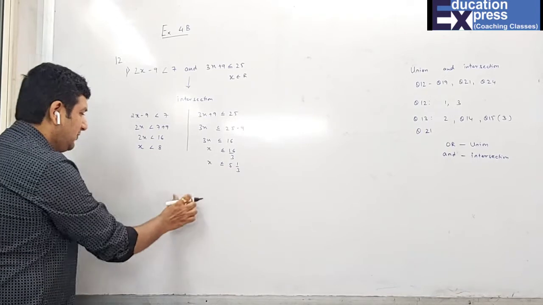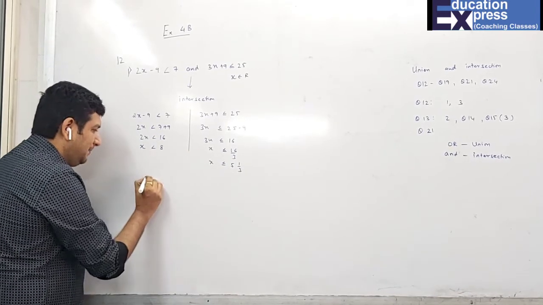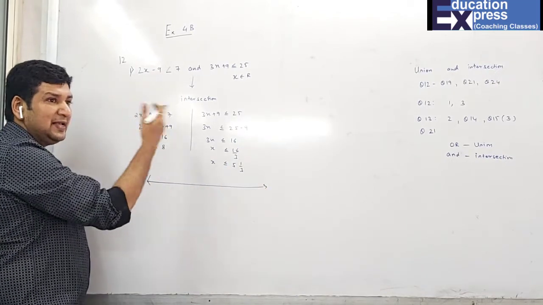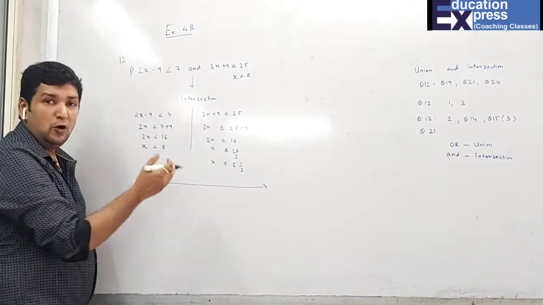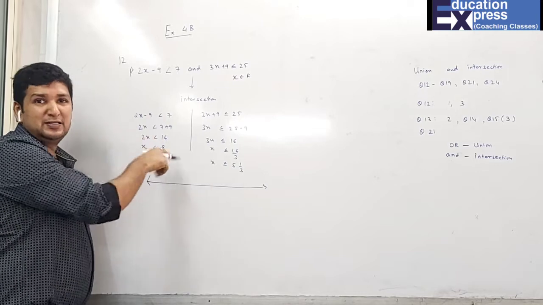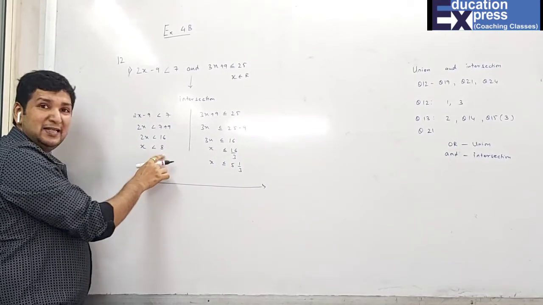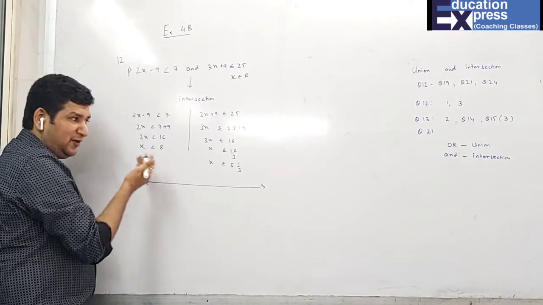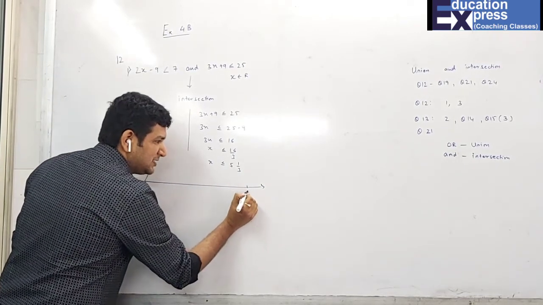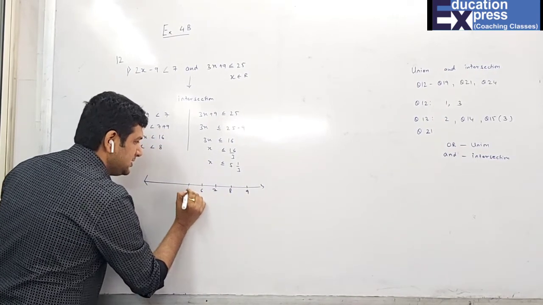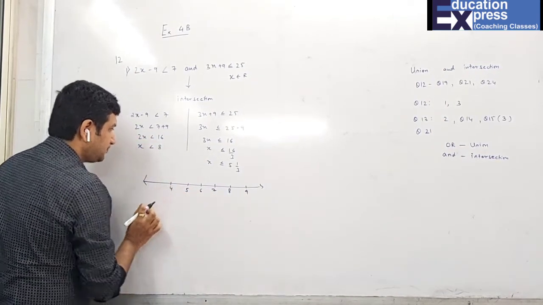So now in case I plot the same thing on the number line, x is less than 8. Less than means you have to go towards the left hand side of this number. Less means left hand side, more means right hand side. So x is less than 8, so you will go towards the left hand side of 8. I'll start with 9, 8, 7, 6, 5, 4.